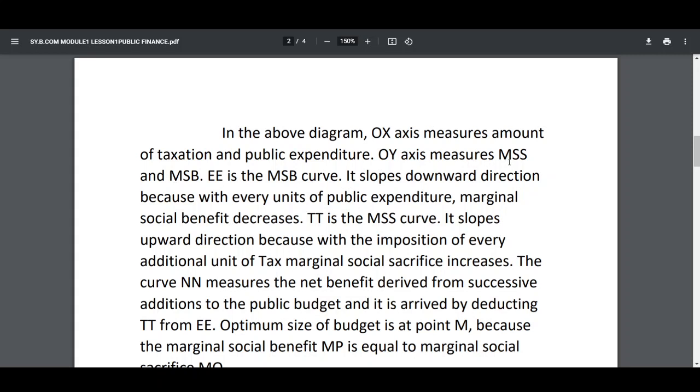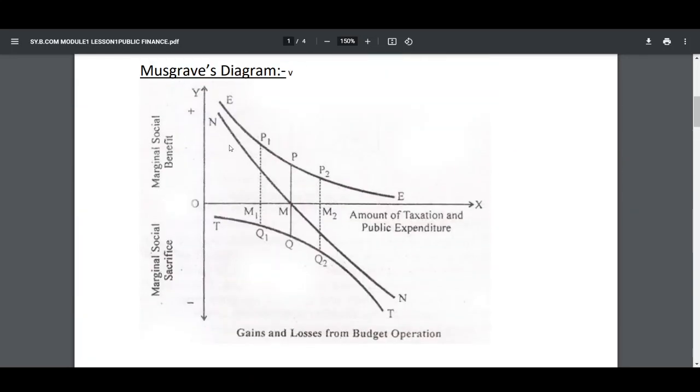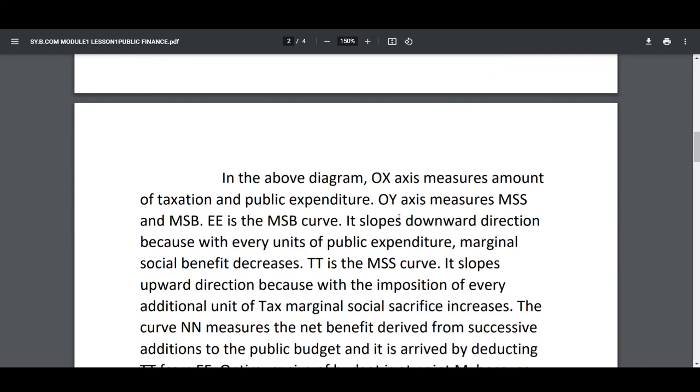What is MSS? Marginal social sacrifice. And MSB? Marginal social benefit.